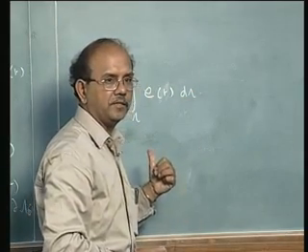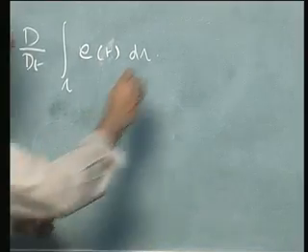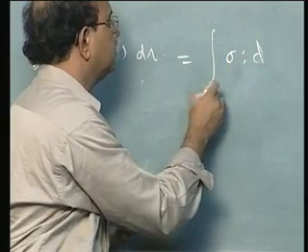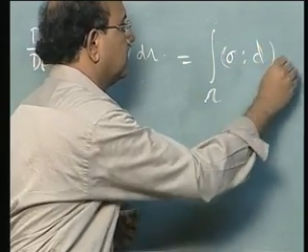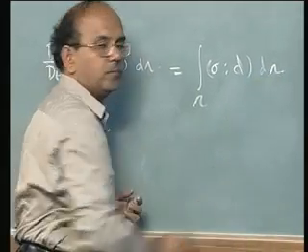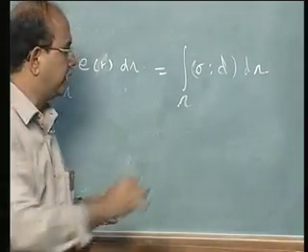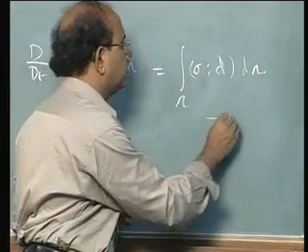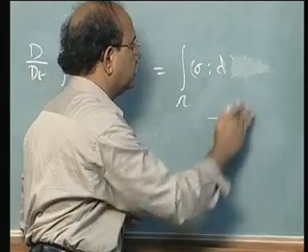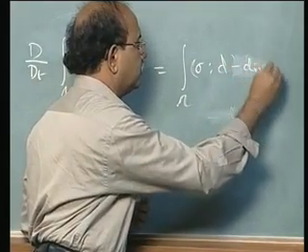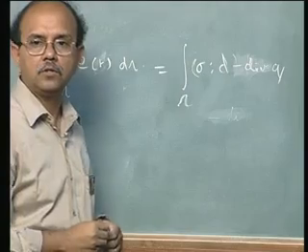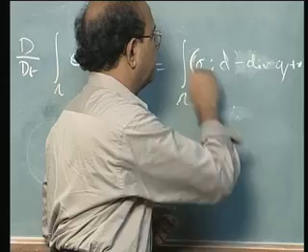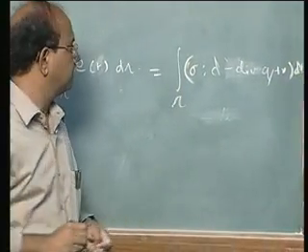That's the first term, d by dt, is equal to the integral of sigma d d omega, that term, minus the second term, minus divergence of q plus r, whole thing d omega.